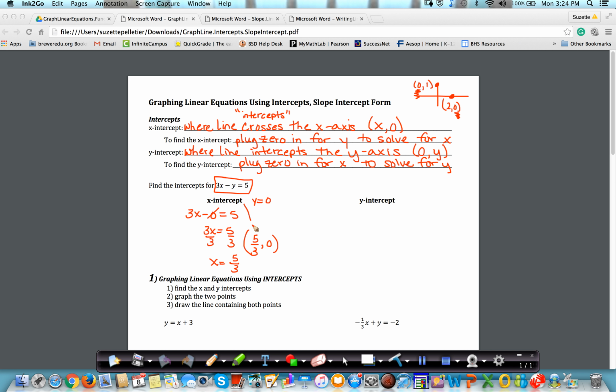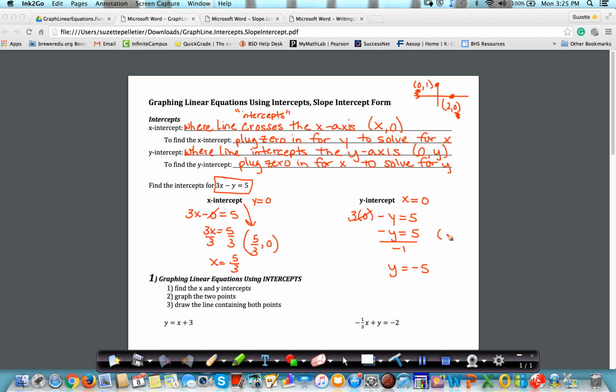That's the x-intercept. For the y-intercept, I'm going to put 0 in for x. Same equation, this time I'm just putting 0 in for x. 3 times 0 minus y equals 5. 3 times 0 is 0. Negative y equals 5. And divide the whole equation by negative 1 to change the signs.